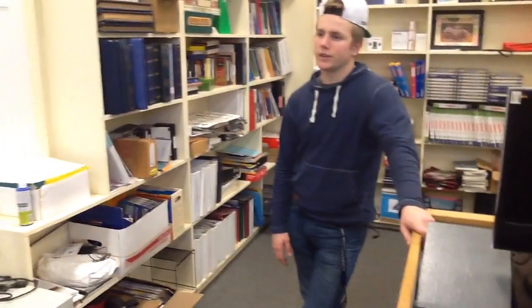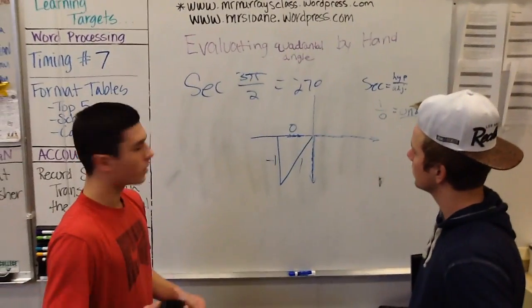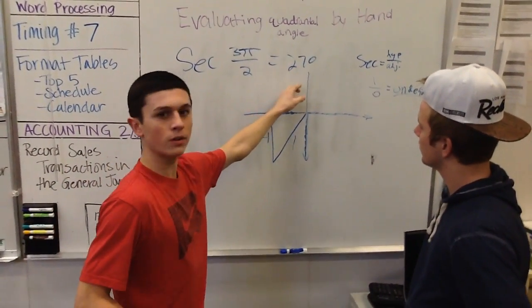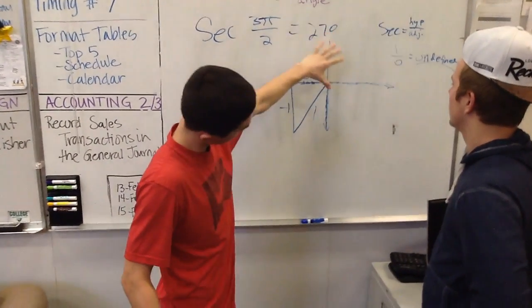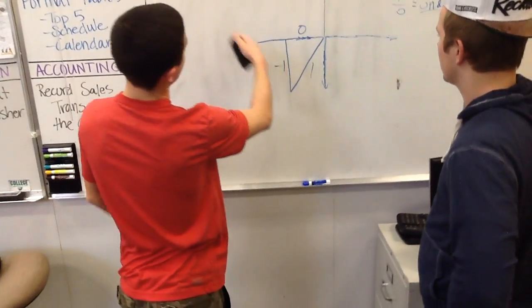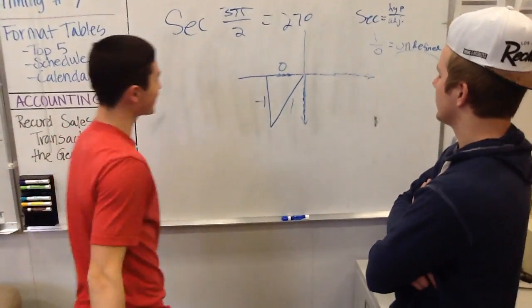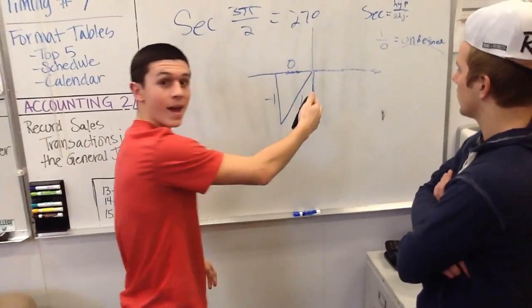Colin, I need your help. What do you need? I can't figure out how to evaluate quadrantal by hand. Great. Look what we have on the board. So we have secant 3 pi over 2, which equals 270 degrees. Therefore, you want to draw this, which is where the angle is. And then you want to draw this triangle over here because you're evaluating quadrantal by hand. So you want to collapse this side because you want to get it to the y-axis.